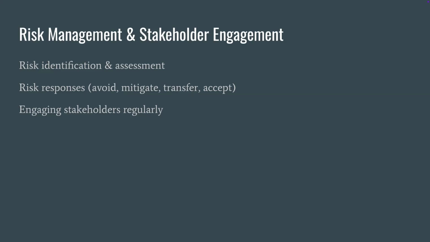Addressing stakeholders' concerns early can also mitigate risk associated with miscommunication or resistance to change. And effective project managers devote consistent attention to both risk management and stakeholder engagement. And it is really important because these two areas can make or break a project if neglected.